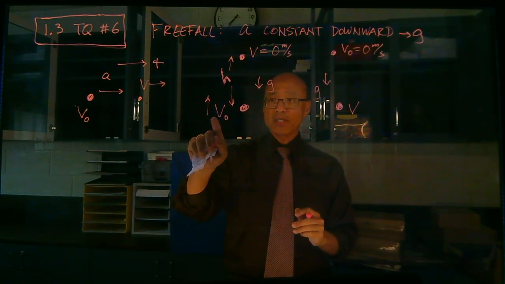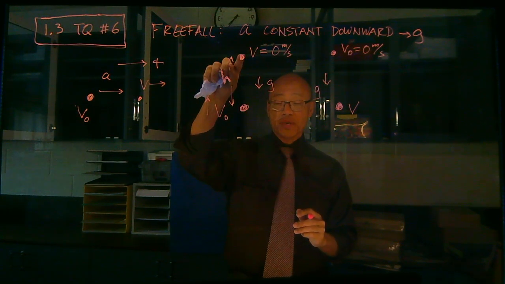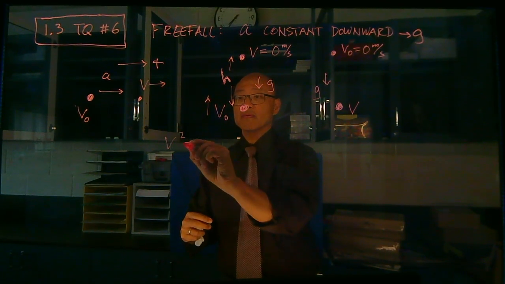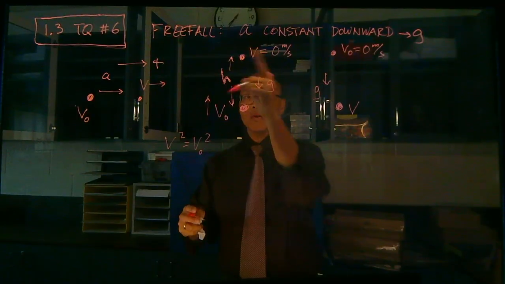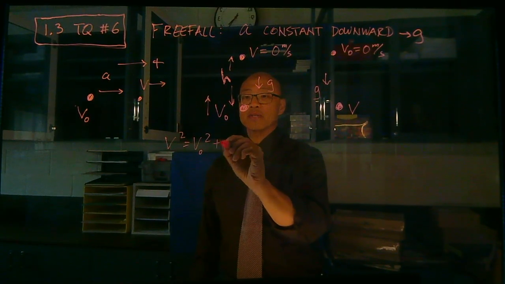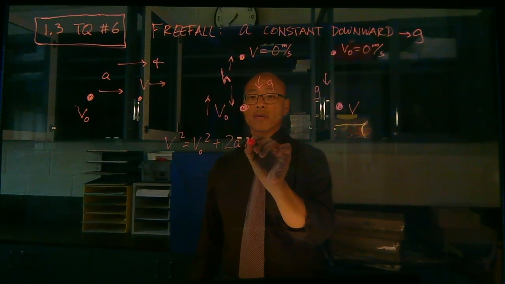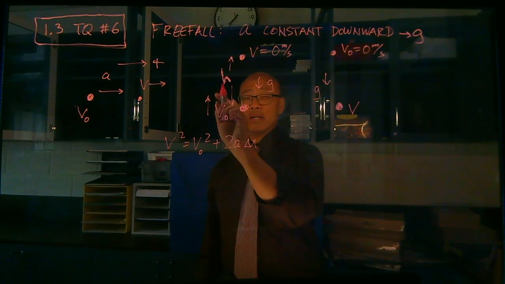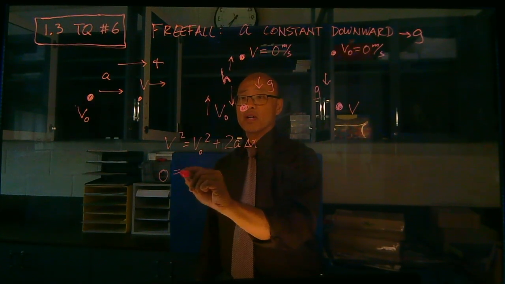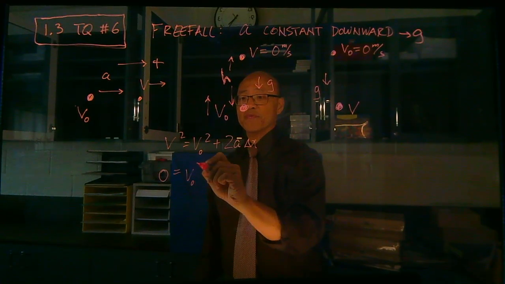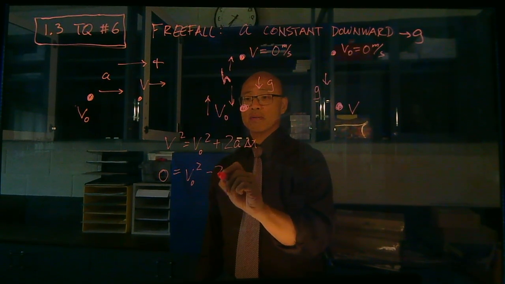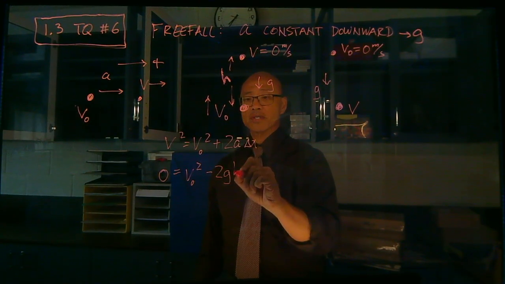If I have an initial velocity and a final velocity of 0, all these conditions have to satisfy the v squared equation. And if we look at free fall, what's happening? I've got my final velocity of 0, I have an initial velocity v naught squared, but I've got a negative g, and I'm going h.